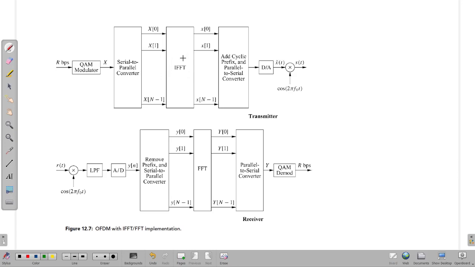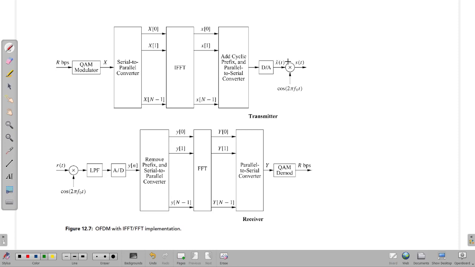After performing IFFT, you again have n symbols, and these n symbols are now in the time domain. It's a convention that you use small letters for time domain signals. To this time domain data, like we said, the cyclic prefix is added, and after the addition of the cyclic prefix, the data is converted to serial, and then there is a digital to analog converter.